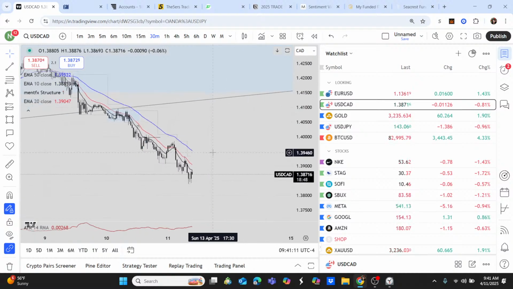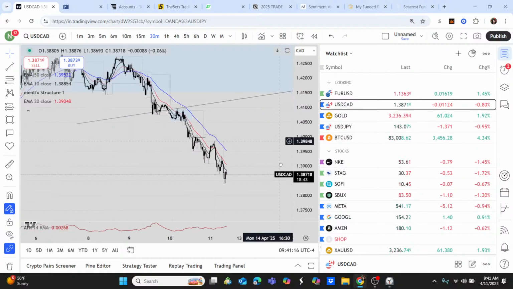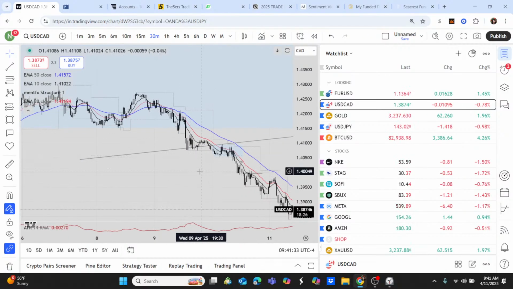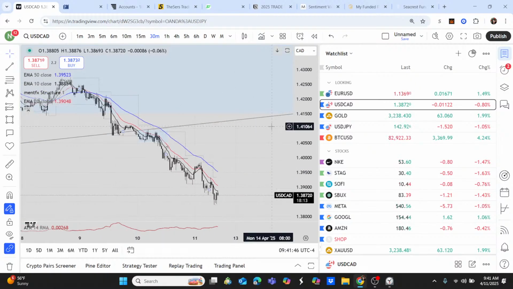This is probably a bit overextended in the move, maybe because of the amount of fractal breaks it created off of that 10 and 20. So we have a nice pause, continuation. I consider this one 1, 2, 3, 4, and then it created a fifth one, and then it could reflush and then continue. So I wouldn't want to look at that.